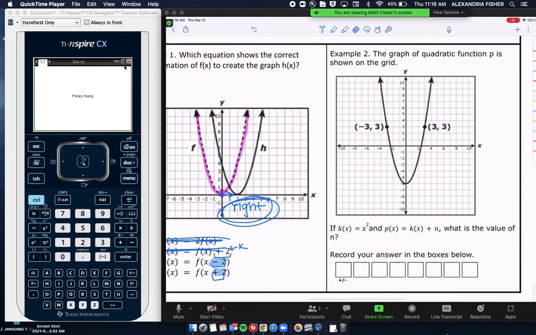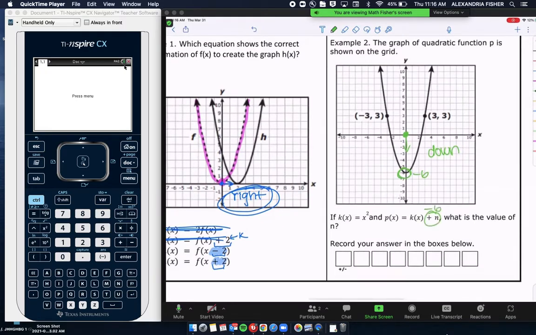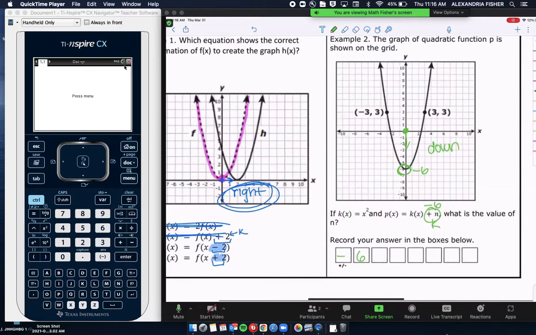That's correct. We went down. Down to -6. Alright? So our n value is -6. That's like saying, what's the k? We have -6.